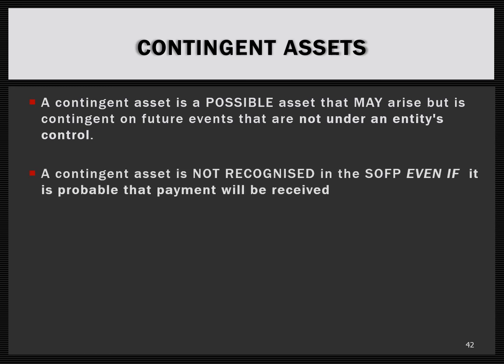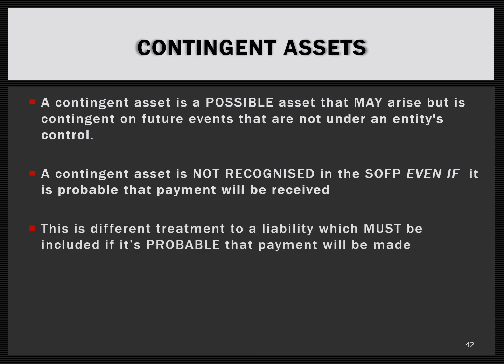A contingent asset is never included in the balance sheet, even if we think it's likely that we'll receive a payment where the decision regarding that payment depends on someone outside the company making a decision. So it might be an ongoing court case where the judge will decide whether we're entitled to receive a payment or not. And even if we think we're going to win, we won't include that as an asset.